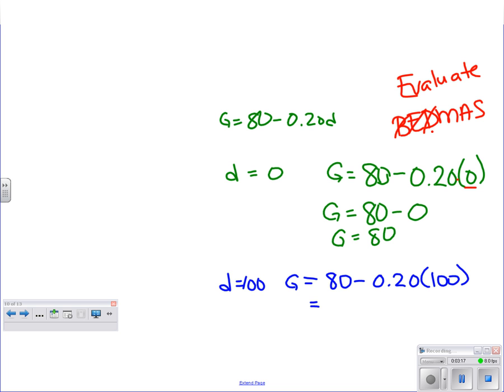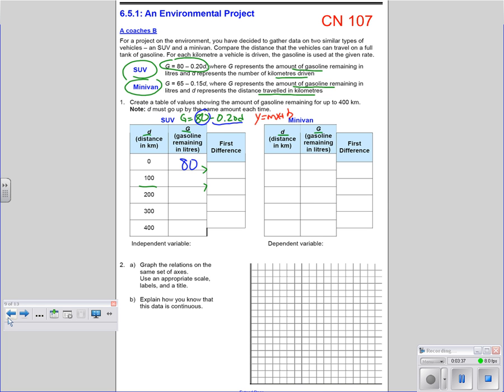Again, I'm going to multiply, so I'm going to do this operation before I subtract. So I'll have 80 minus 100 times 0.20, which is 20. So 80 minus 20 is 60. So after 100 kilometers, I will have 60 liters remaining in the tank.